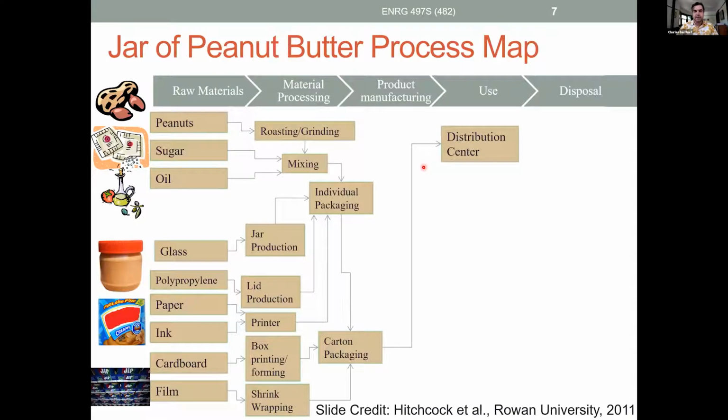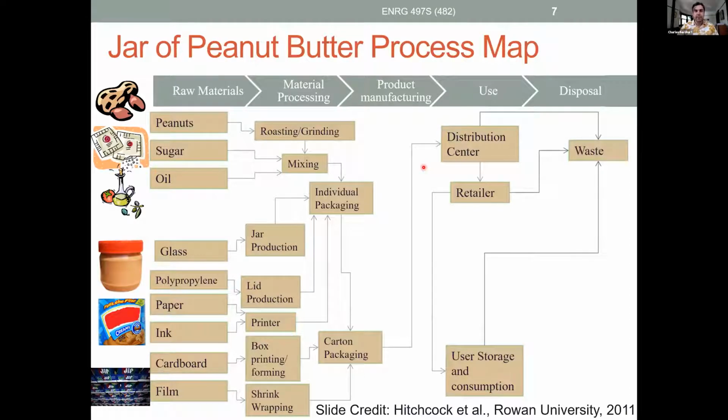That's going to emit a lot of carbon as the vehicles and trucks are driving around. It's then shipped to a retailer, and then it's consumed. Some people put it in the refrigerator. I don't personally, but that's going to consume more energy. And then finally you throw it in the alley behind your house and another truck comes and takes it away.